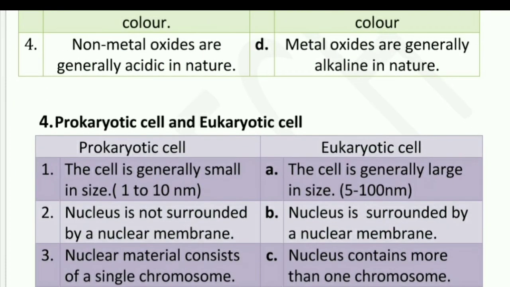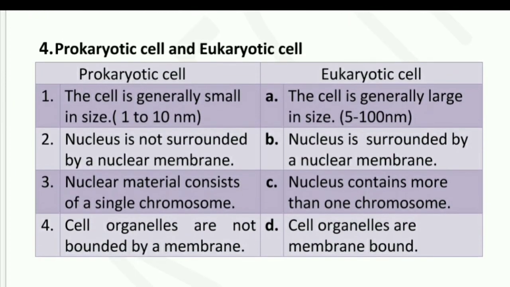The next we have prokaryotic cell and eukaryotic cell. So let's see the first point. In prokaryotic cell, the cell is generally small in size, about 1 to 2 nm.